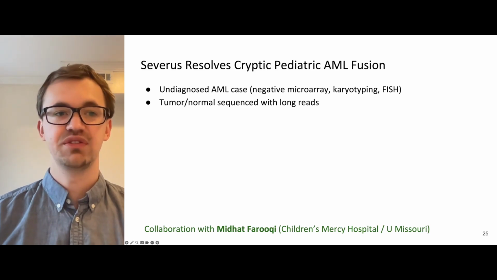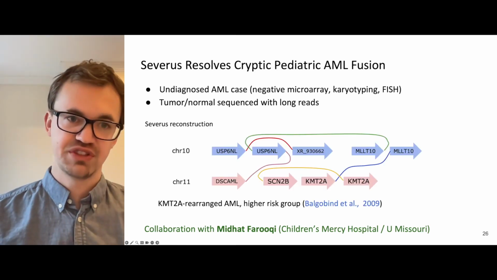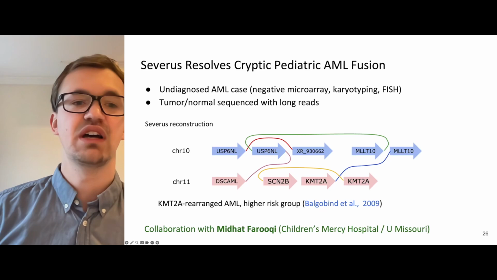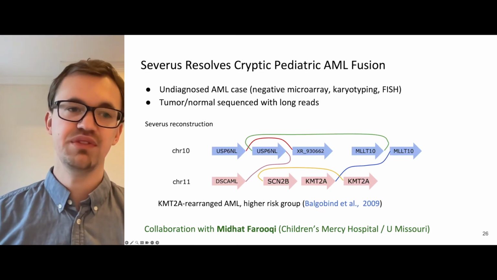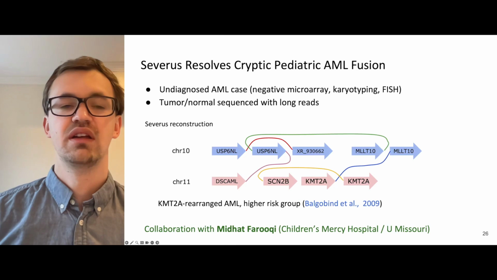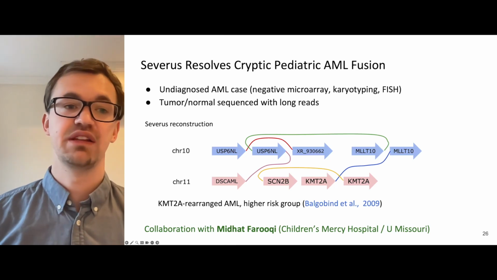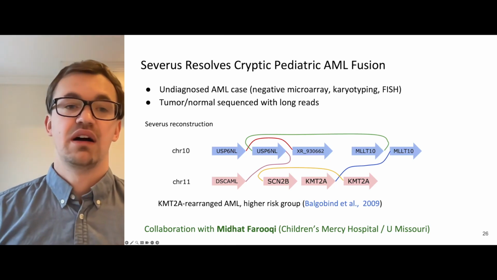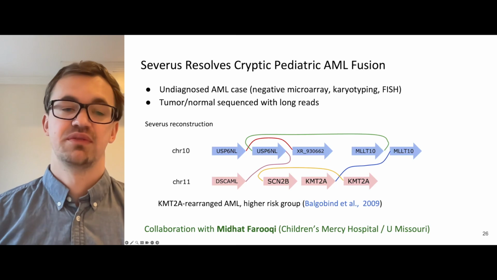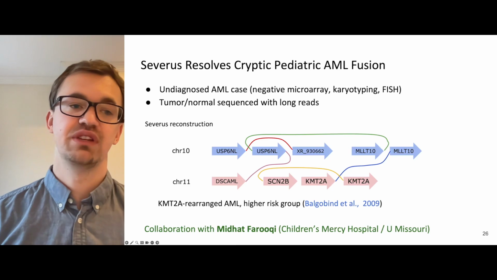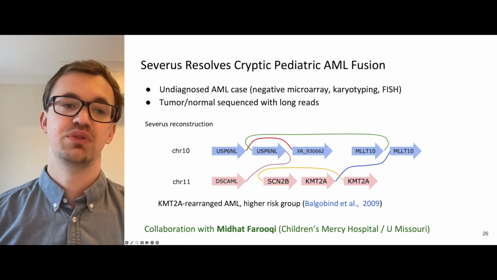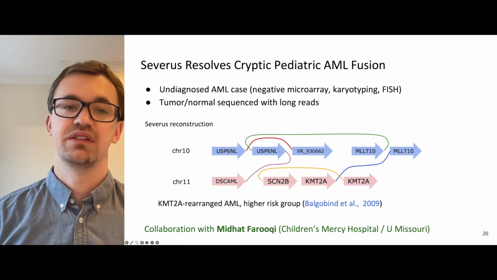They had it sequenced with long reads, and we ran Severus. And Severus detected a highly rearranged locus between chromosomes 10 and 11 with 5 rearrangements. And in fact, one of these rearrangements was a diagnostic signature: the fusion between KMT2A and MLLT10.